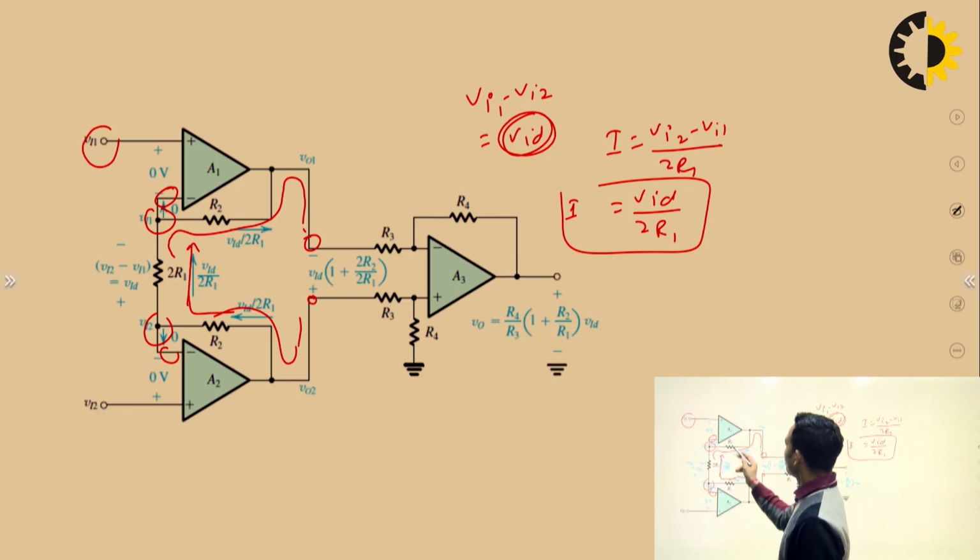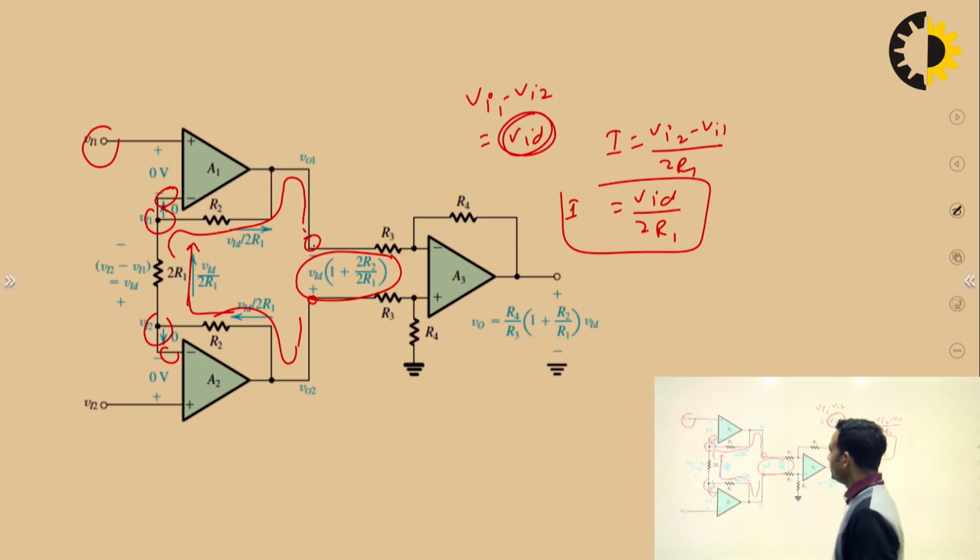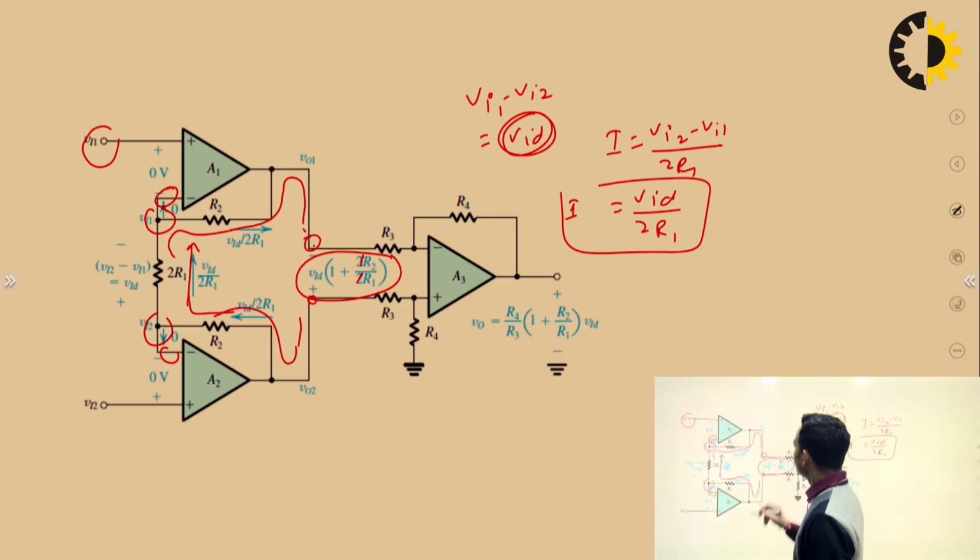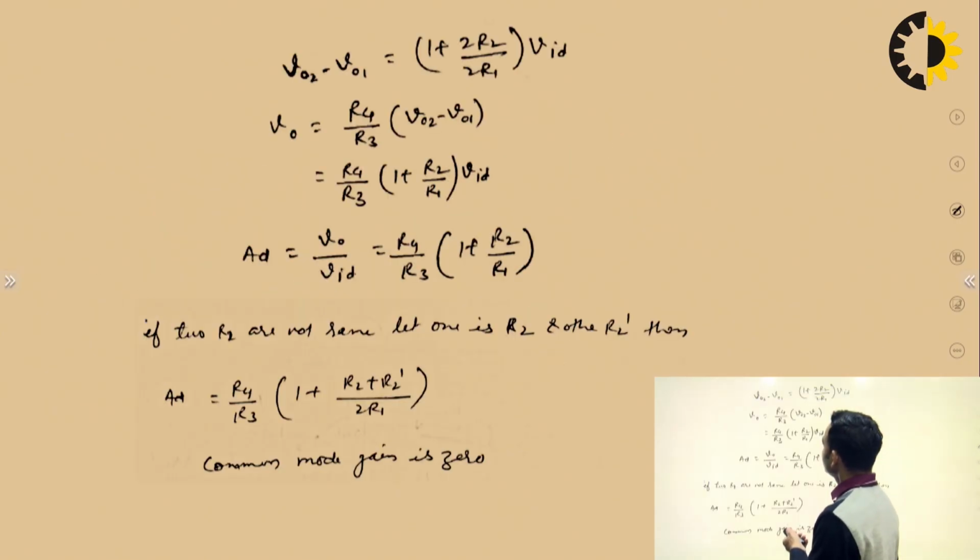This voltage plus this voltage plus this voltage, minus plus, plus minus, minus plus, if you will do it, then you can find out very simply that the voltage between these two will be VID into 1 plus 2R2 upon 2R1. Where 2 and 2 will be cancelled out. So, it will be this.